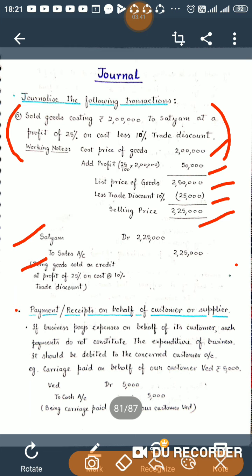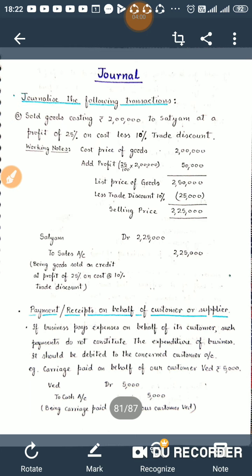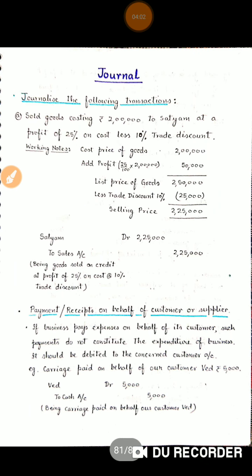So I have written, if business pays expense on behalf of its customers, such payment does not constitute the expenditure of the business. It should be debited to the concerned customer account. For example, I have taken carriage paid on behalf of customer Ved rupees 5,000.